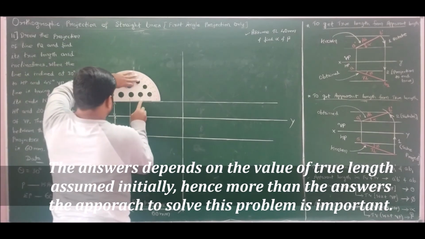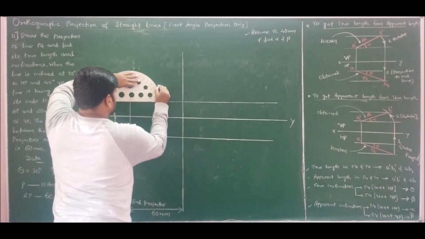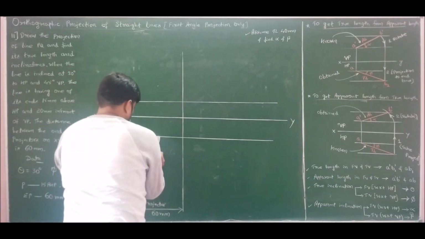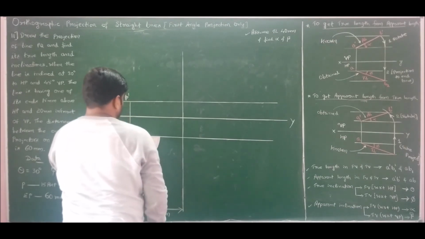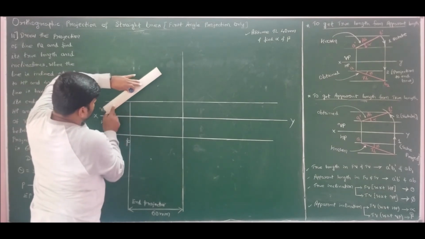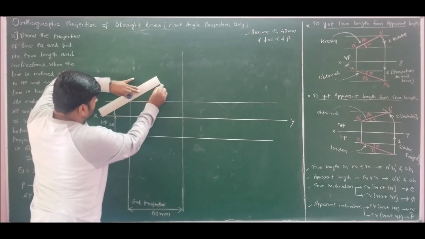So therefore, mark the true inclinations 30 degrees and 45 degrees. We have already assumed the true length as 40 mm, so draw a 40 mm line at the true inclinations.